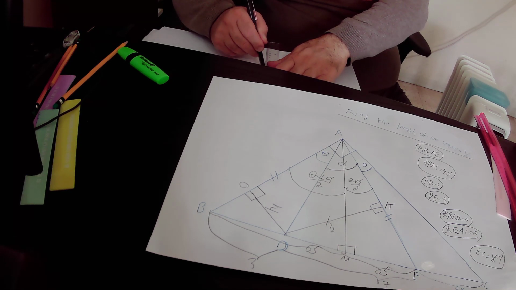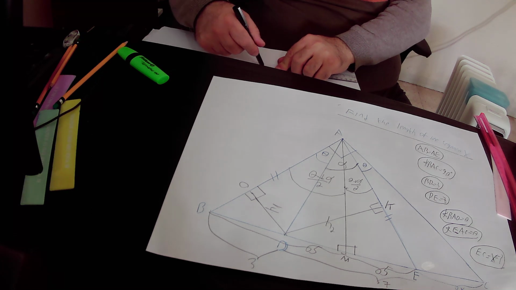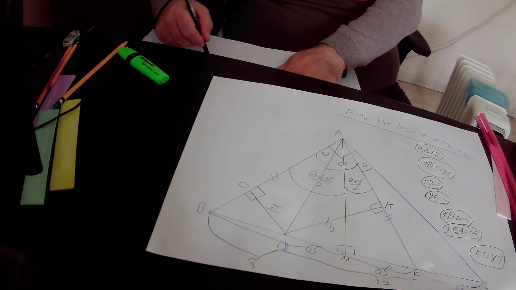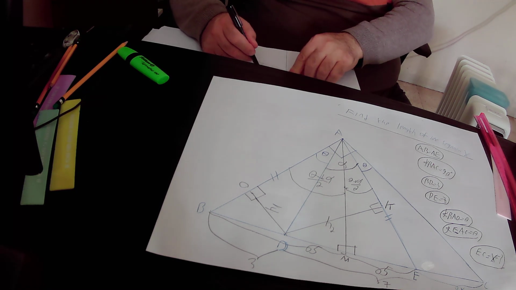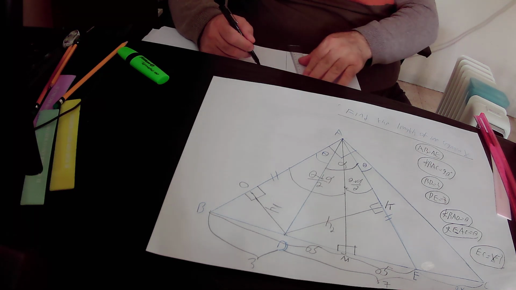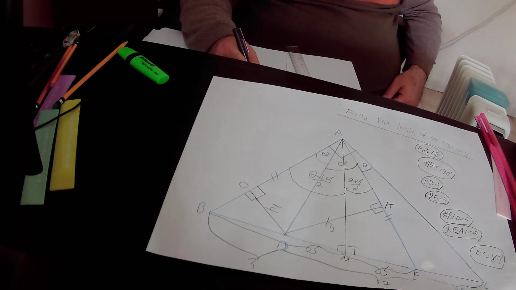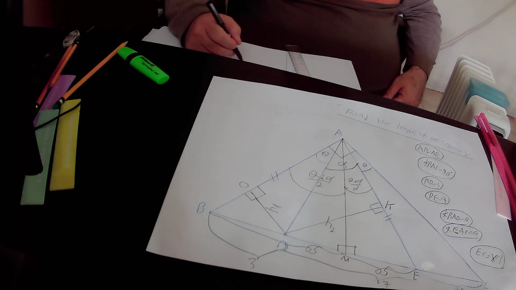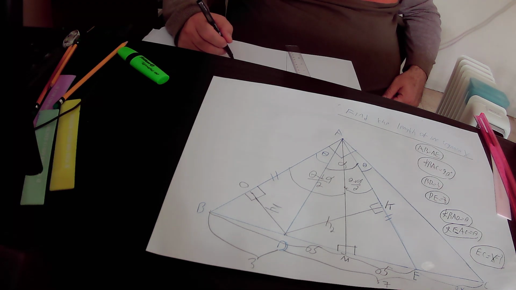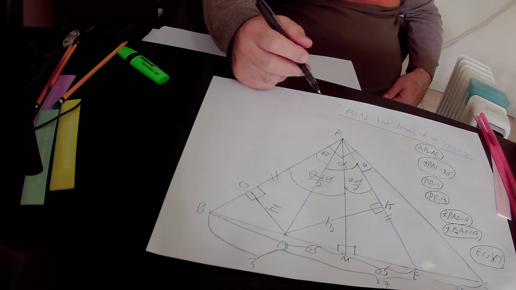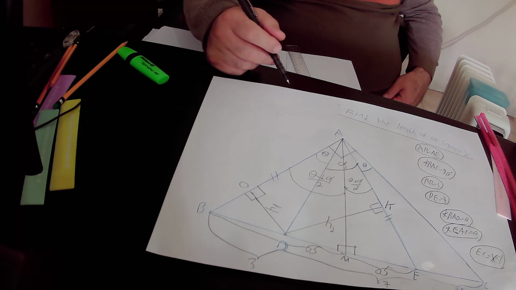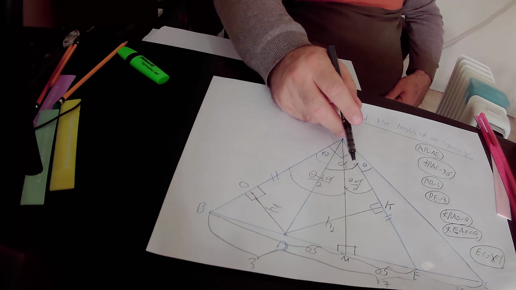So we have the right triangle AMC. So what is the value of angle MAC? What is the value of this angle?